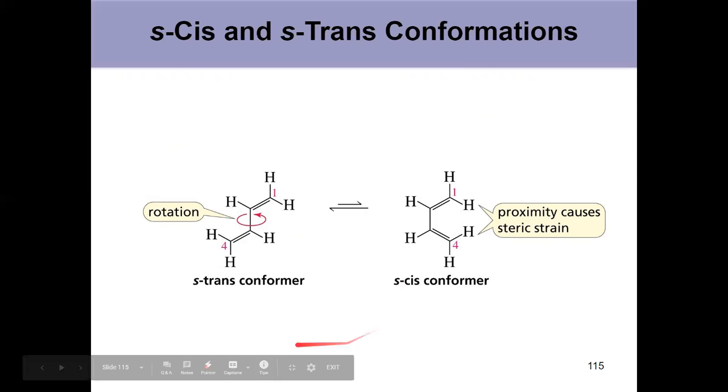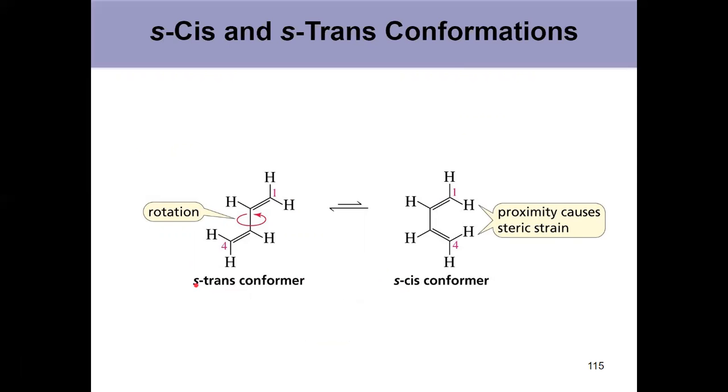If you see this notation, s-trans or s-cis, the S stands for single, so single trans, single cis. And what that does is look at the position of the double bonds relative to one another across a single bond. So that S is referring to this single bond here in the middle.